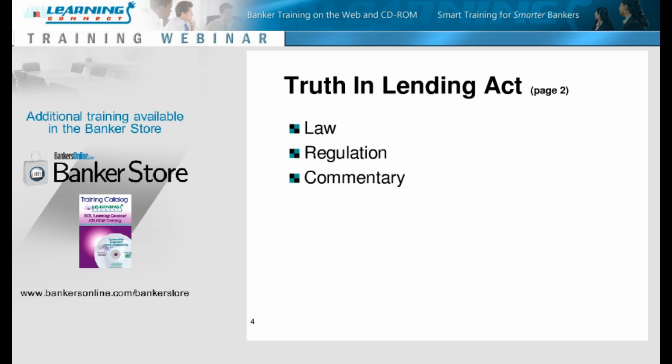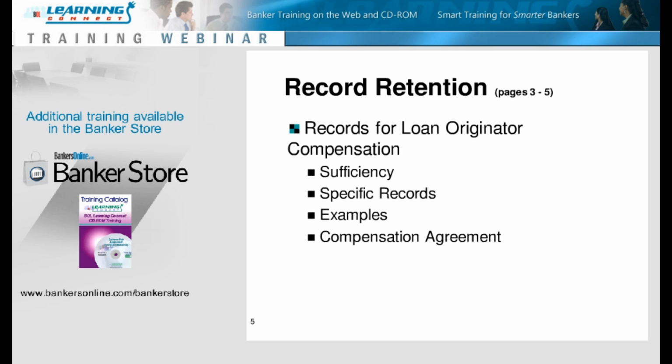Let's go ahead and talk about record retention requirements first off, get that out of the way. Over on page 3, there are really two sets of requirements for record keeping on loan originator compensation. The first set of requirements is on creditors.